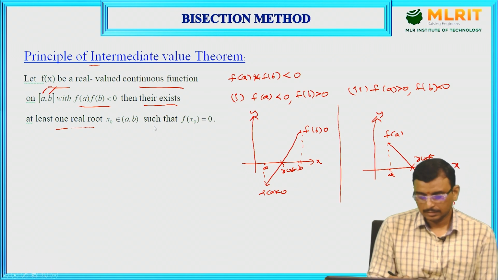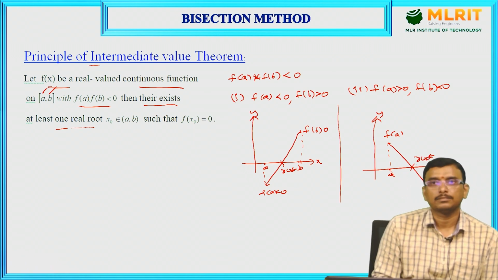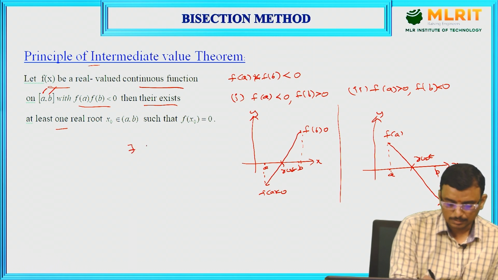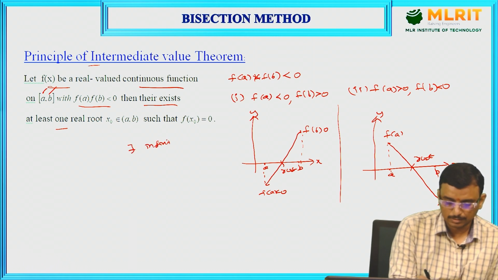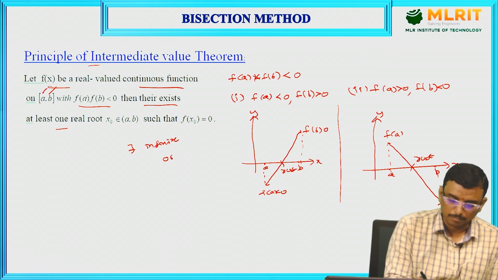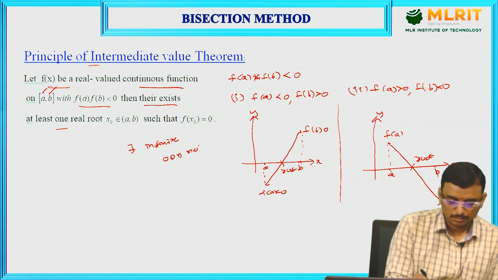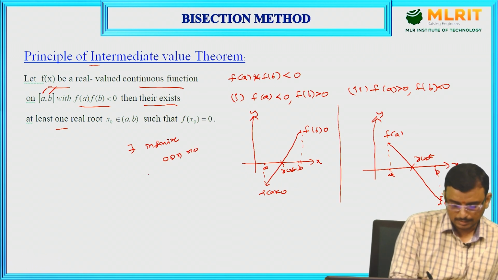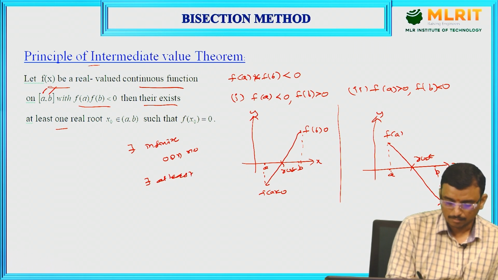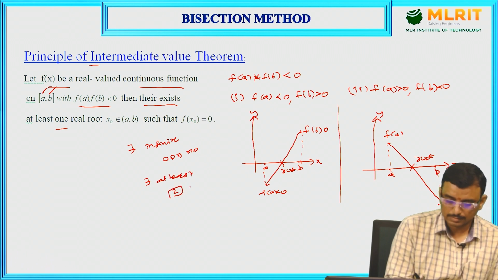There exists at least one root, or there exist infinitely many roots, but the number of them must be odd. So, there exists at least one, but not 2, because 2 is even.